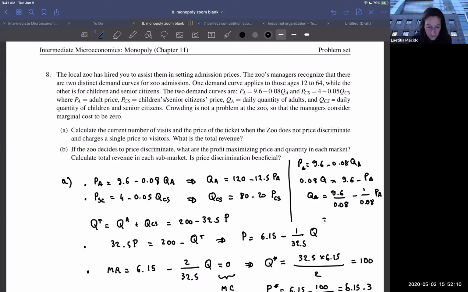So let me check this. 9.6 divided by 0.08 is 120, minus 1 divided by 0.08 is 12.5.